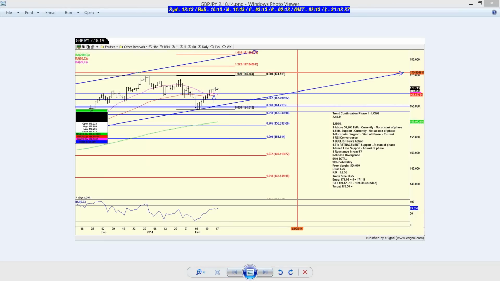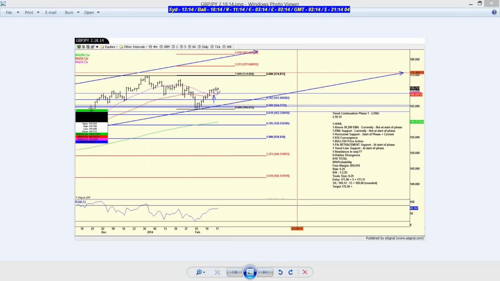Okay, pound yen, trend 1, this is the daily, above the moving averages. Currently EMA support, not the start of a phase.